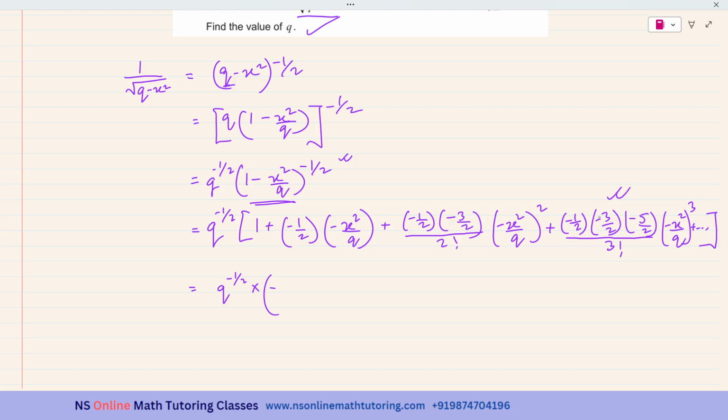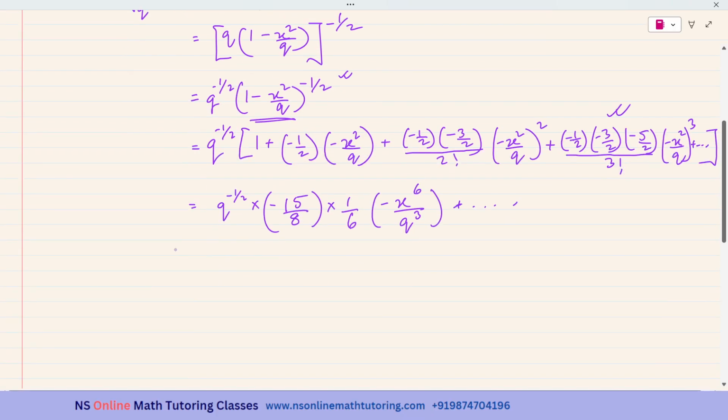And then 1 times 3 times 5 is 15, and 2 times 2 times 2 is 8, divided by 3 factorial, which is 6. So times 1 over 6. And you have this as minus x to the power of 6 over q to the power of 3, and plus dot dot dot.